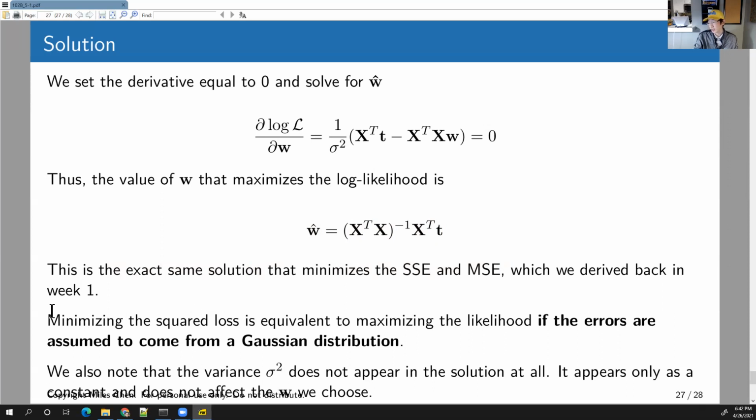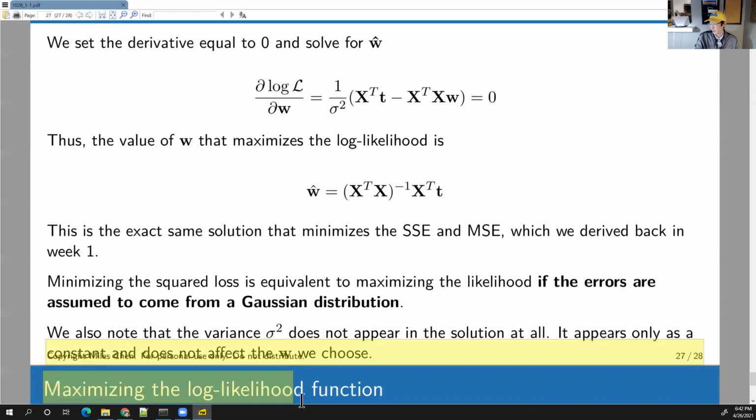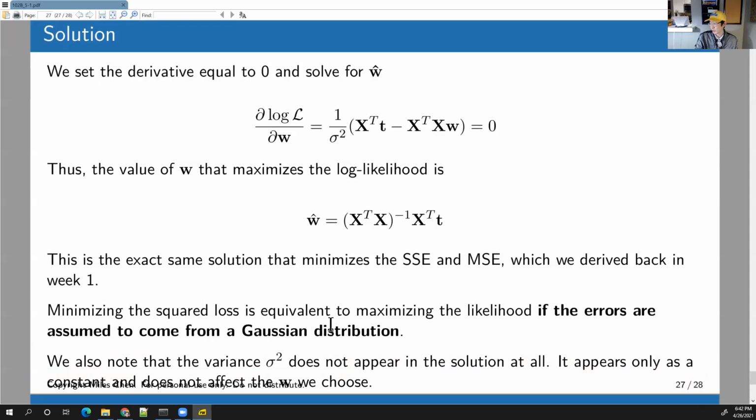And that tells us that minimizing the squared loss, so minimizing sum of squared error, mean squared error, is equivalent to maximizing the likelihood if we assume the errors come from a Gaussian distribution, okay? An interesting thing is that the sigma squared doesn't appear in our solution at all. It's a constant, and it doesn't affect the W that we choose, right?